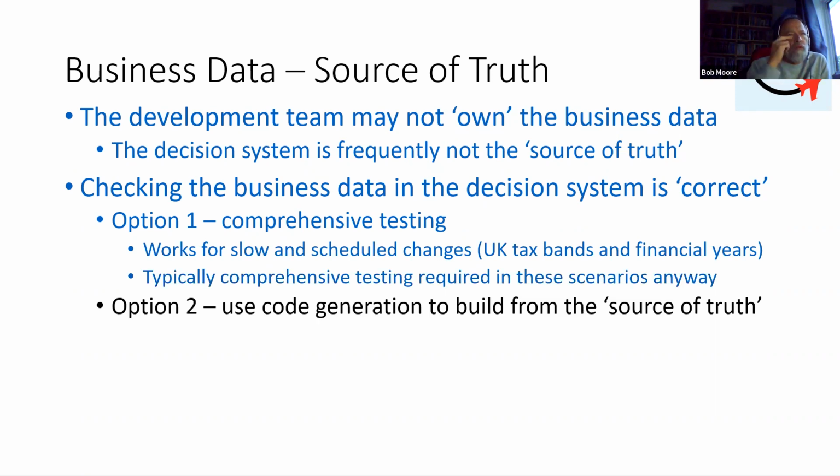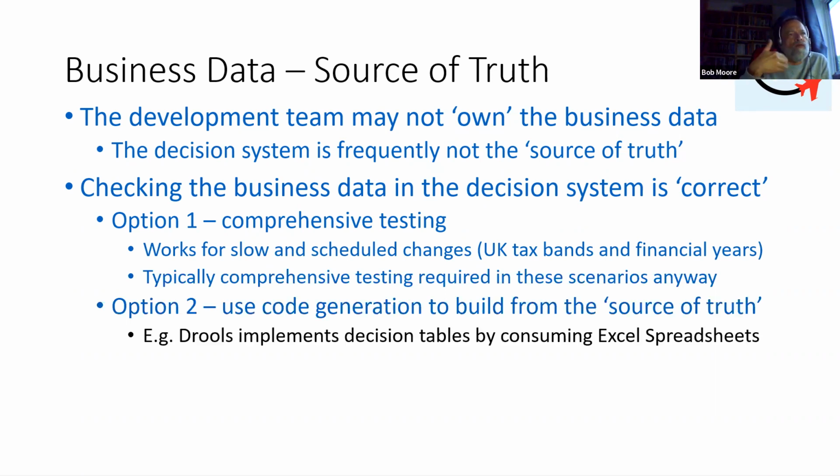A second approach that one can take is to start using code generation mechanisms to build from the source of truth. To take an explicit example of that, the Drools rules engine actually implements decision tables by consuming Excel spreadsheets. So you build an Excel spreadsheet, and then when you tell the Drools rules engine to compile the decision service, it will read in that Excel spreadsheet and build from it an executable piece of code.